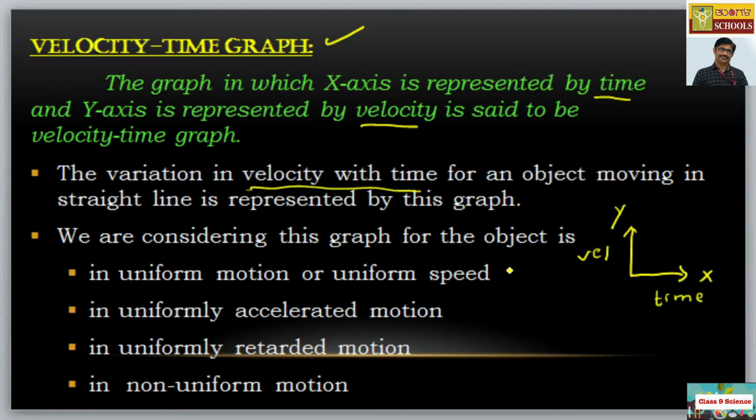One is uniform motion or uniform speed, and second one is uniformly accelerated motion, uniformly retarded motion, and non-uniform motion. We are plotting the graphs when the object is in uniform motion or uniform speed, uniformly accelerated motion, uniformly retarded or decelerated motion, and non-uniform motion.